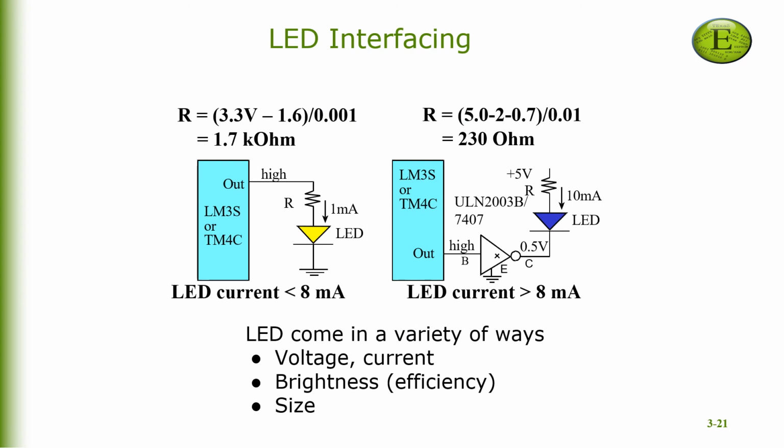If, on the other hand, the LED current is in excess of 8 milliamps, such as in this example where the current passing through the LED is 10 milliamps, then quite naturally, if we just allow this current directly to enter the microcontroller, it may be detrimental to the microcontroller.